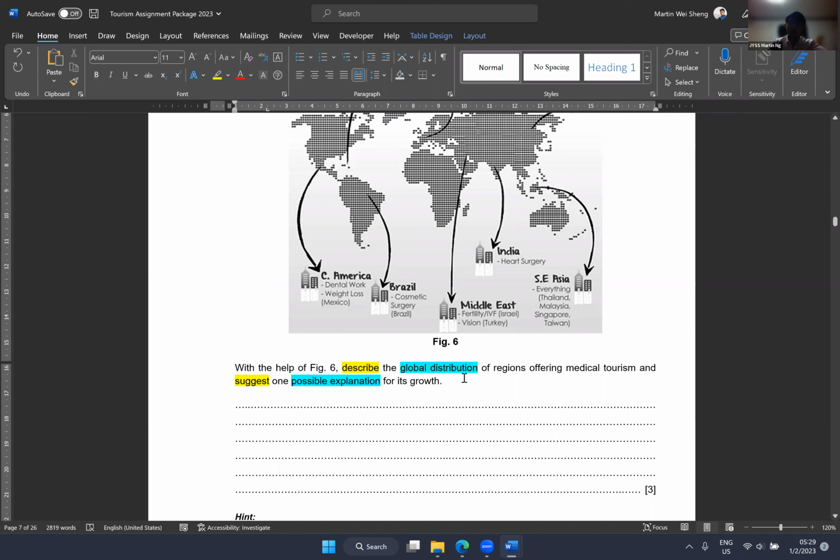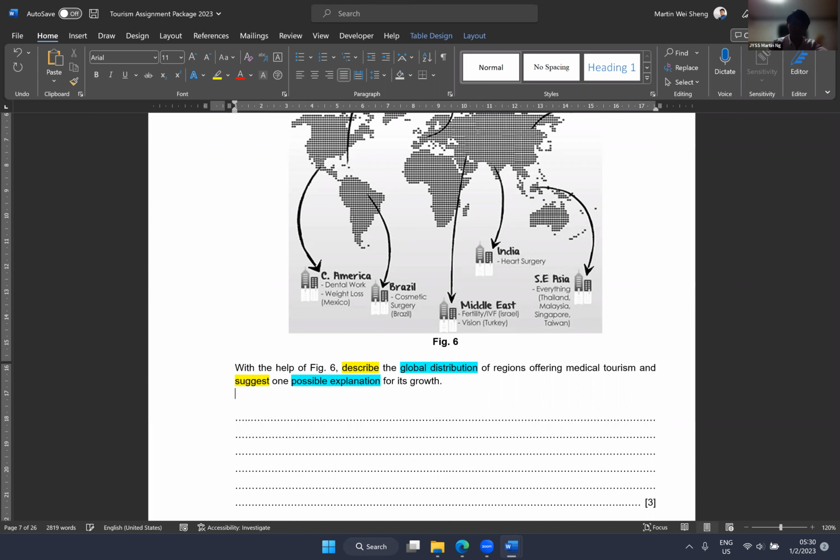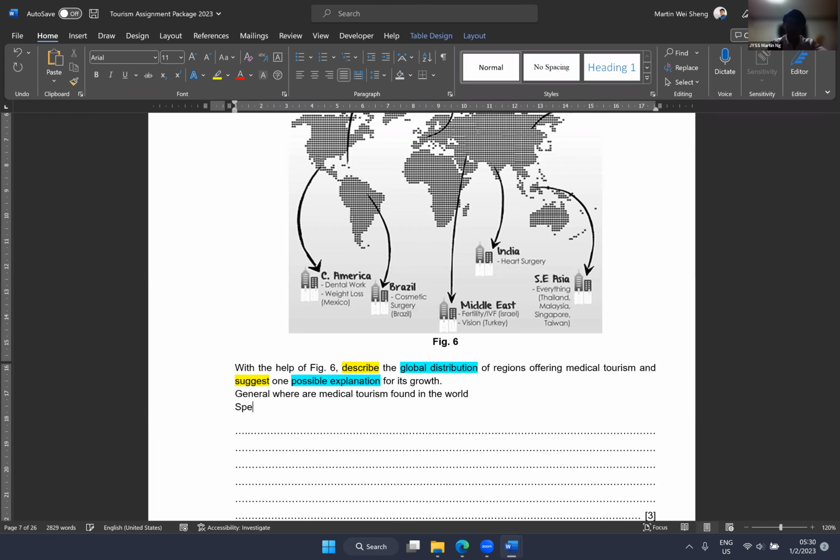In general, where is medical tourism found? Then you give one specific observation. Last mark, you suggest why it is growing.